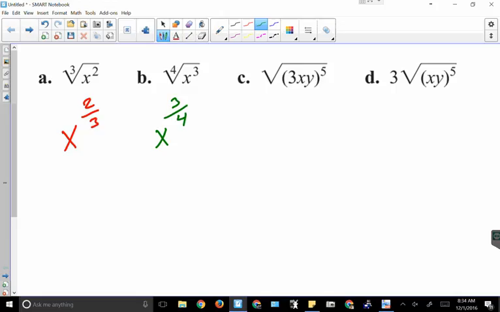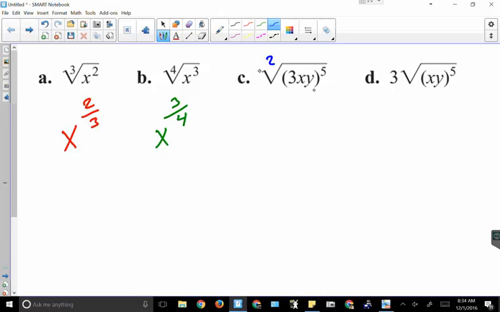So 3/4. Over here, I don't have any number in here, so what number would be there? What kind of a root is that? If you just got that plain symbol, what do you guys usually call that symbol? Square root. So that means that there is going to be a 2 sitting up.